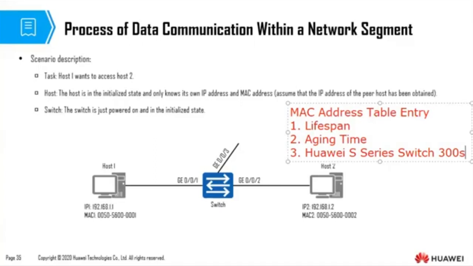The switch will detect that the physical status of the interface has transitioned from up to down, and therefore it will go to its MAC address table, find any entry associated with that interface number, and delete it. So those are the two instances in which the switch can delete a MAC address table entry.